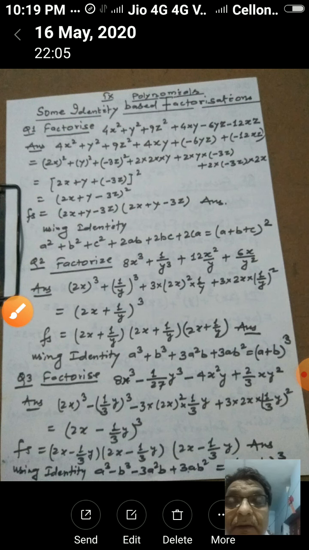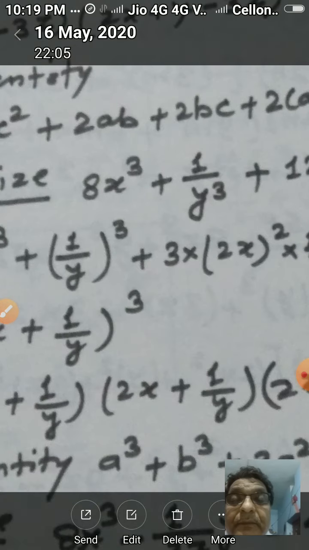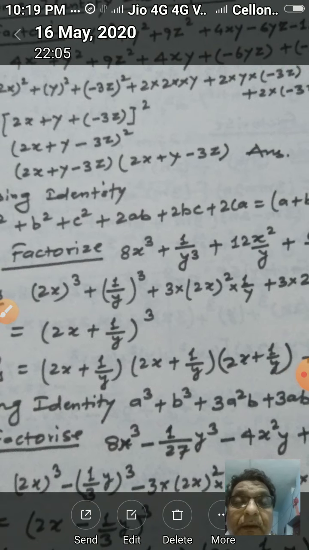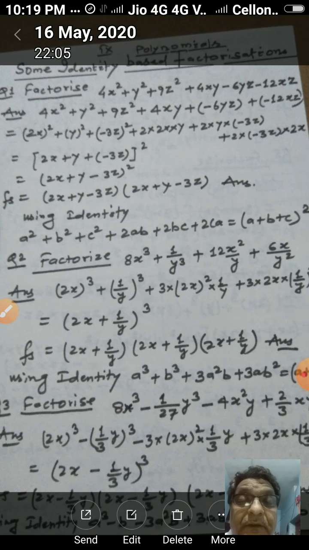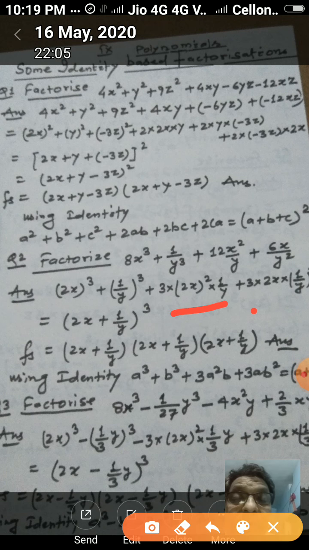Now the remaining terms in this identity are plus 3a square b, so I have written that, and plus 3ab square. In this way, if you simplify these terms, you will get the corresponding terms above, for which such an arrangement has been done.